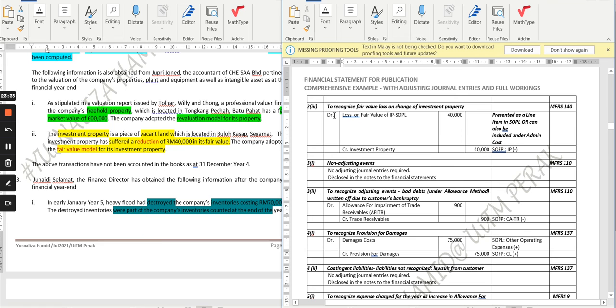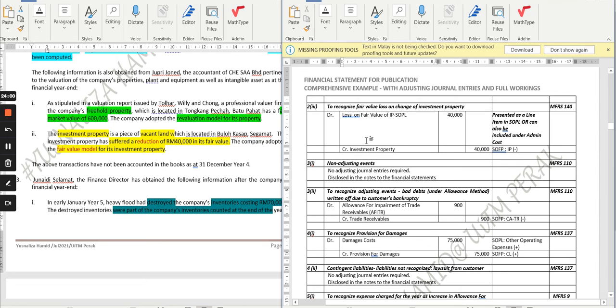So that loss you can either present as a line item in the SOPL. This is for the purpose of exam, or you can also include this in admin costs. This is a good option if you can put it under admin costs, right? You can also leave it as a line item by itself in the SOPL.